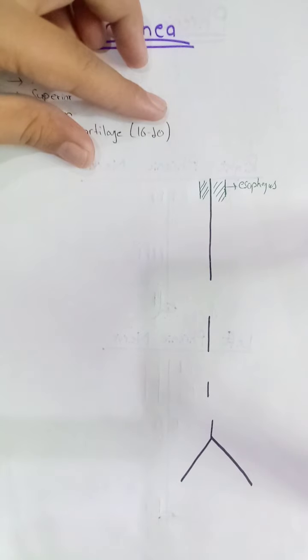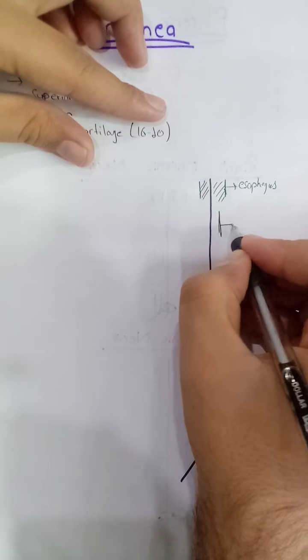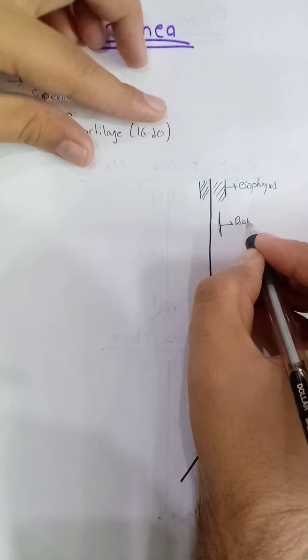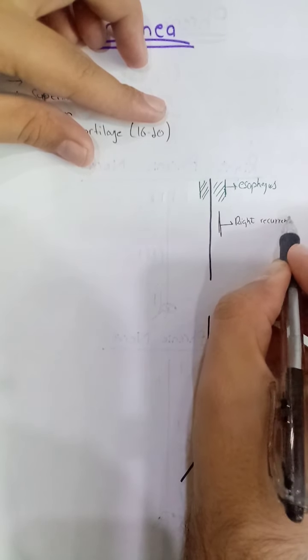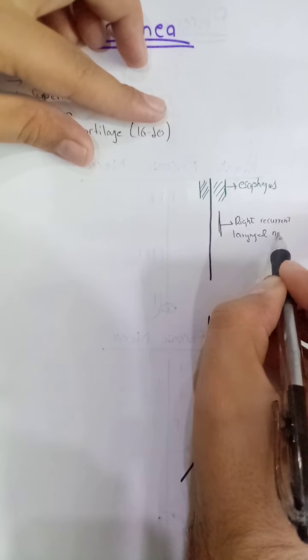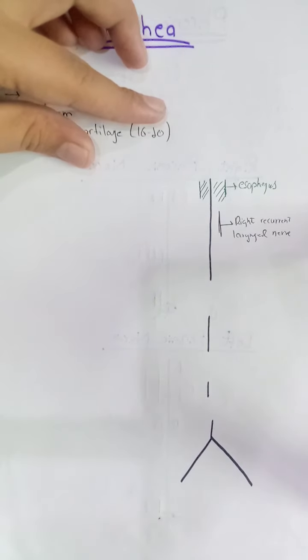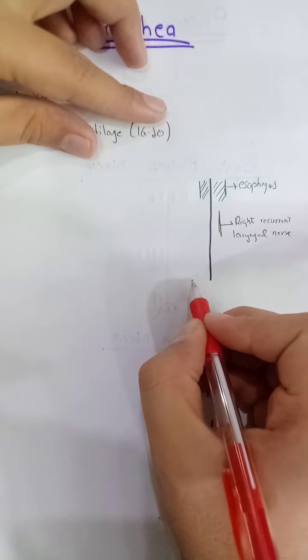Then it will move right to the right recurrent laryngeal nerve, meaning on its left side will be the right recurrent laryngeal nerve. Then it will move posterior to three arteries.